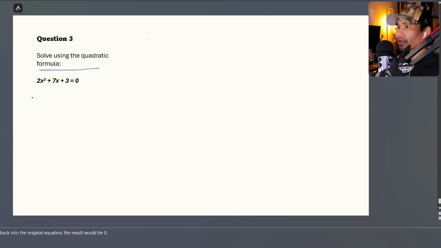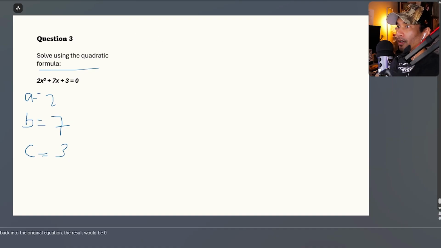So let's take a little bit of time to figure out the coefficients. A equals what? A equals 2, right? B equals 7, and C equals, you guessed it, 3. Perfect. We found our coefficients. Now let us plug them in.